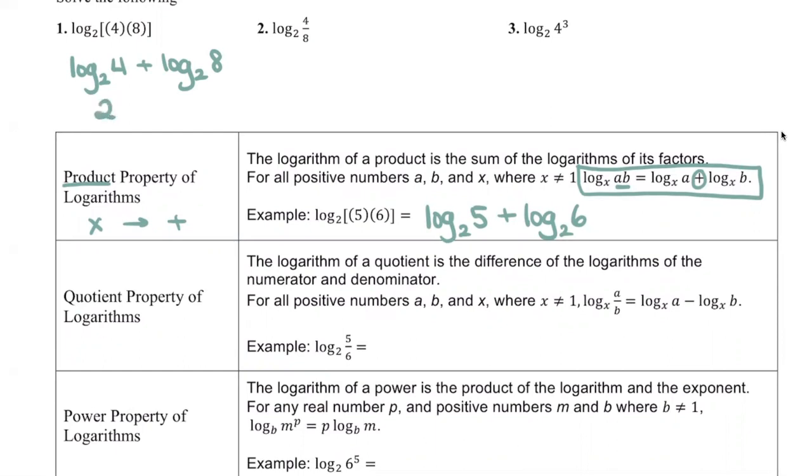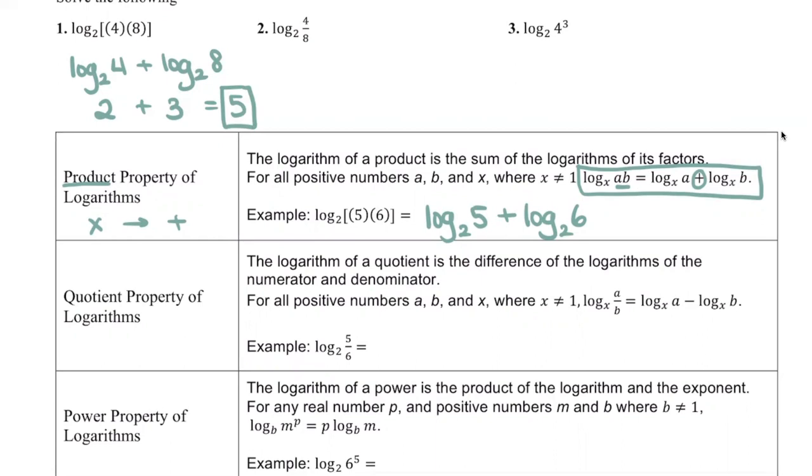So that answer would be 2. And then log base 2 of 8 asks what exponent. So 2 to what exponent gets you 8, and that would be 3. So this simplifies down to 5. All right, so that is the product property of logarithms.